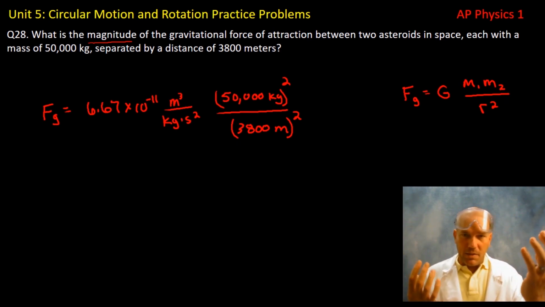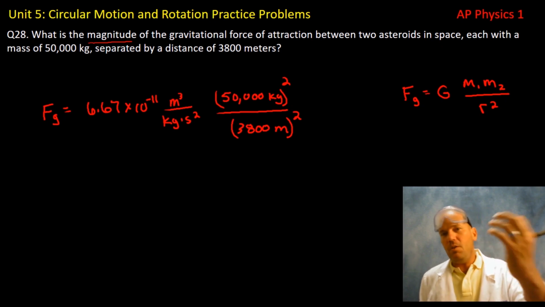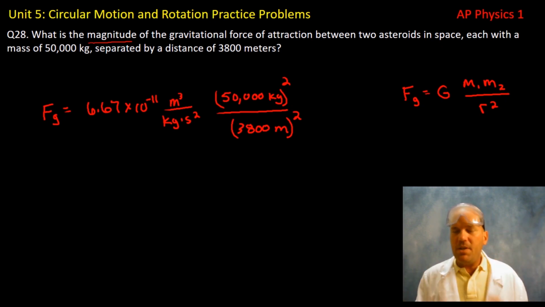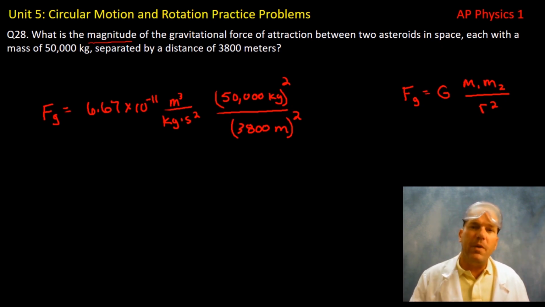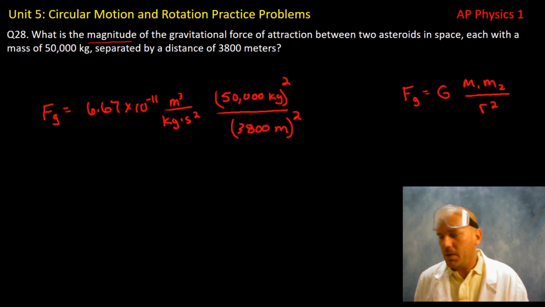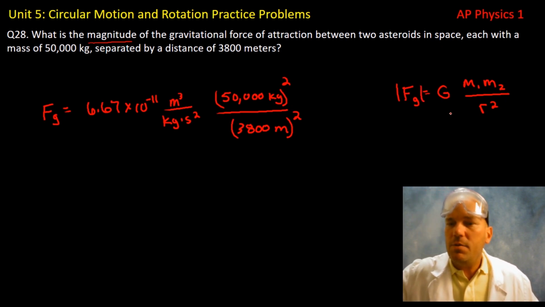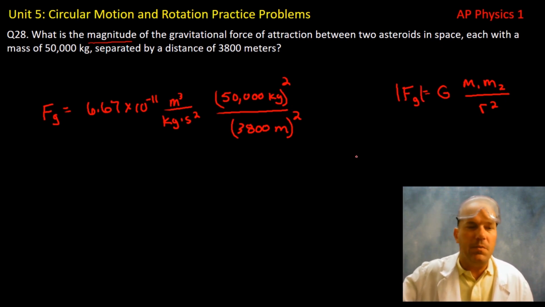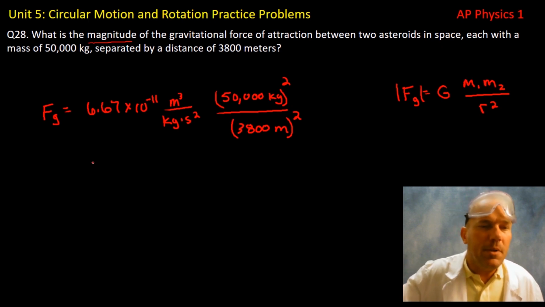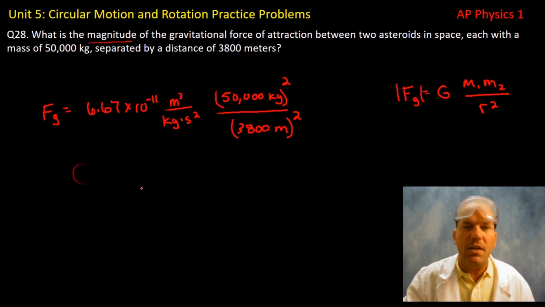To calculate the force of gravity we need and must have two objects, divided by the radius squared. Okay, so this is on your College Board equation sheet in this form. And so this first problem is nothing more than a plug and chug.